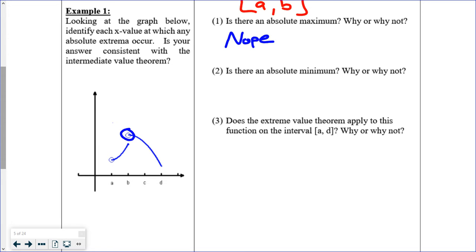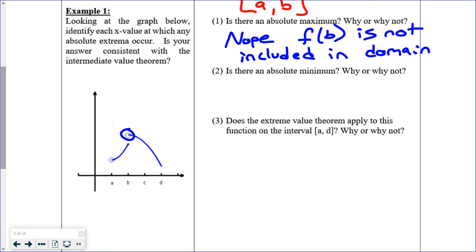Because the highest value is at an open endpoint. So the function doesn't actually exist at that point.